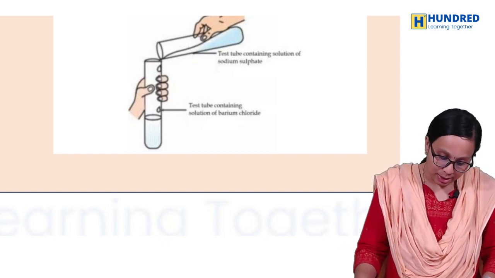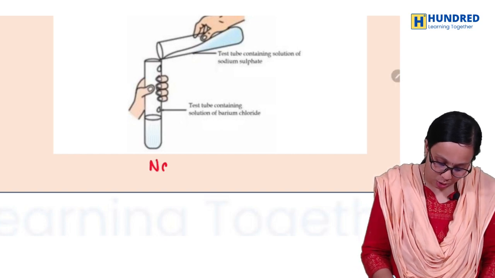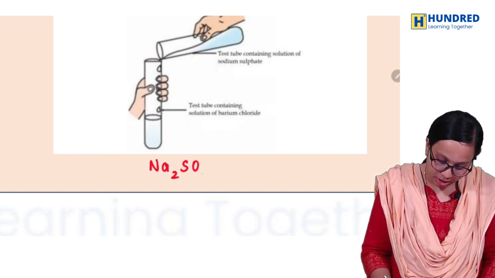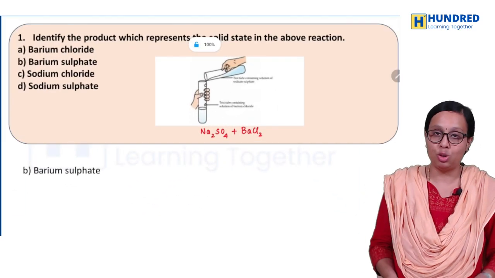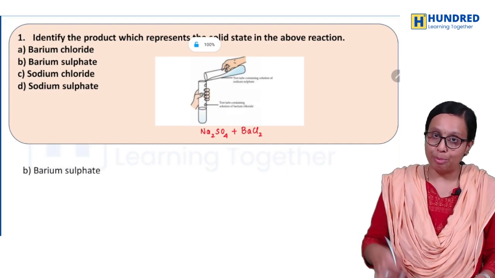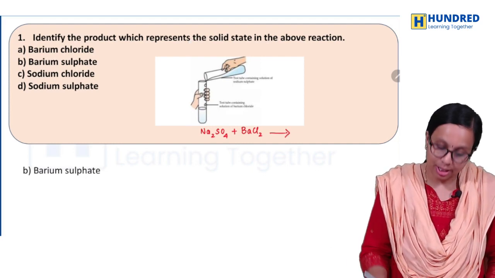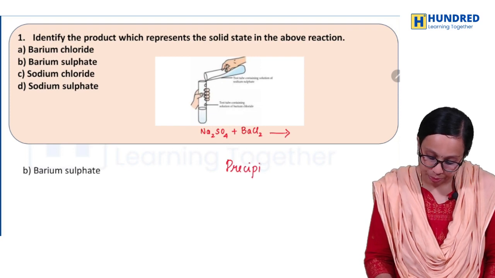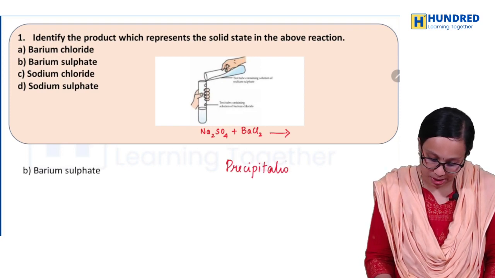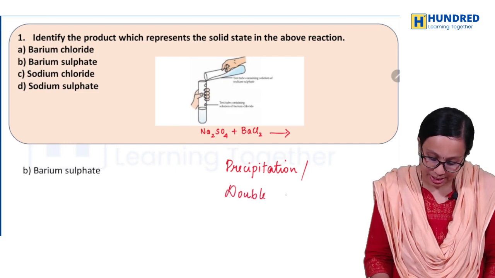We are going to take sodium sulfate, which is Na2SO4, and mix it with barium chloride. It's very clear these are liquids. These two liquids are going to combine and you're going to get a solid. This is an example of a precipitation reaction or double displacement reaction.